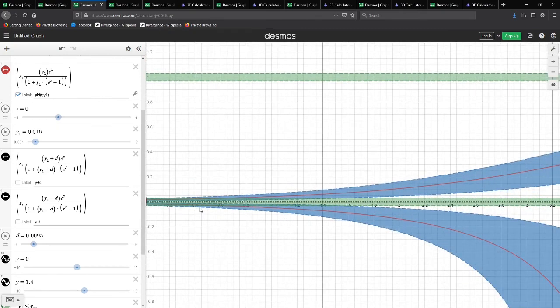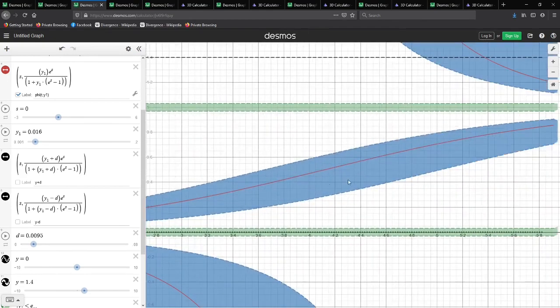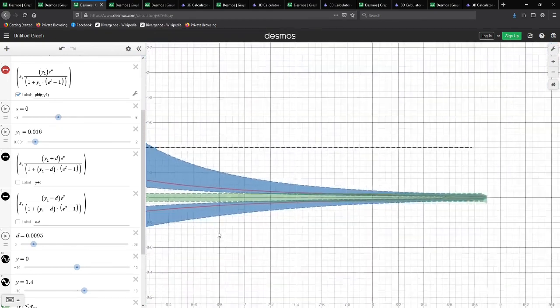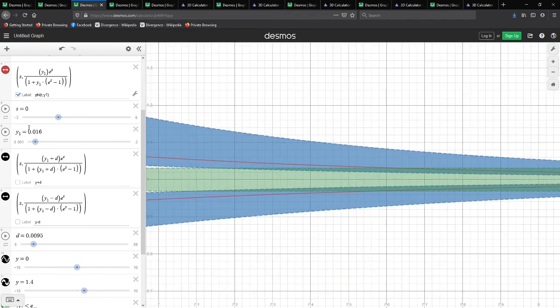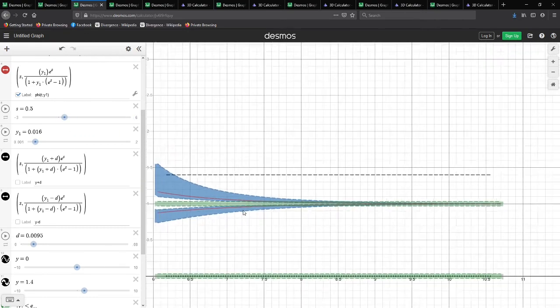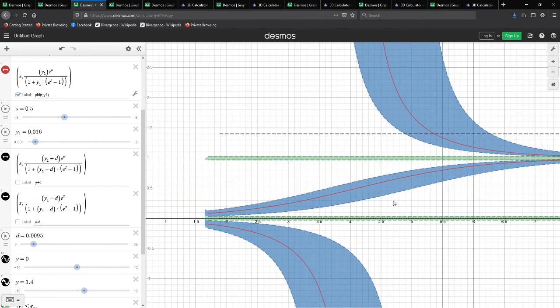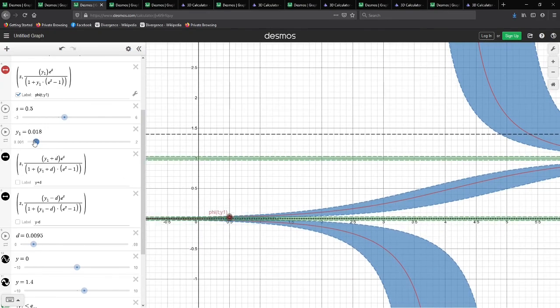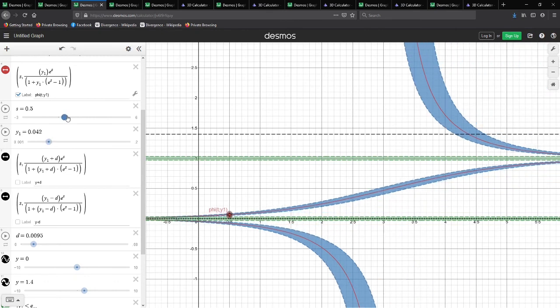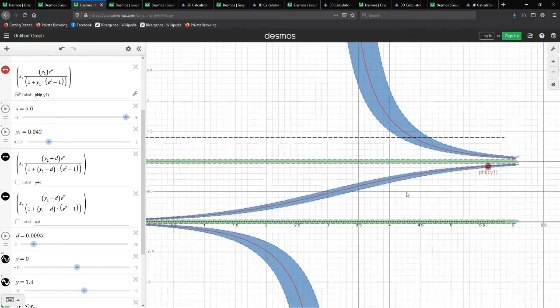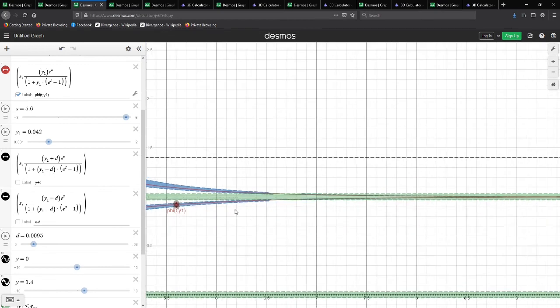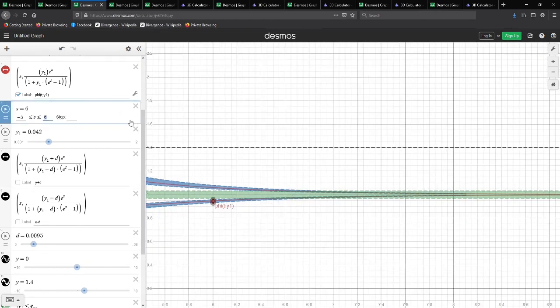For any collection of solutions with an initial condition in this region, this is going to eventually escape the epsilon region for y naught, and not only that, as time advances, our solution is going to head towards the epsilon region, and we'll make this a little bit larger here.